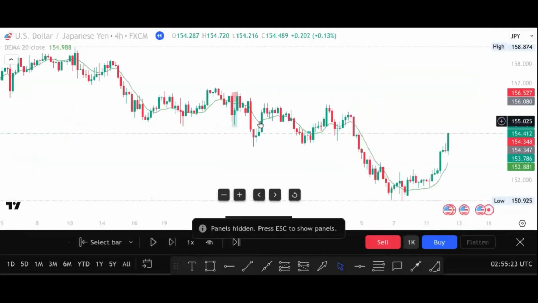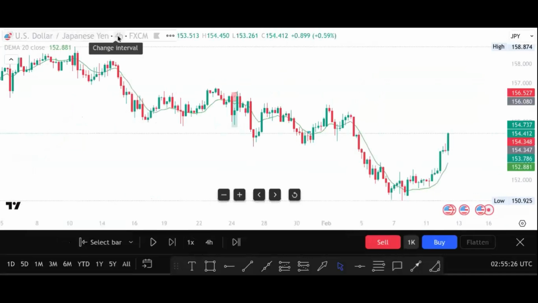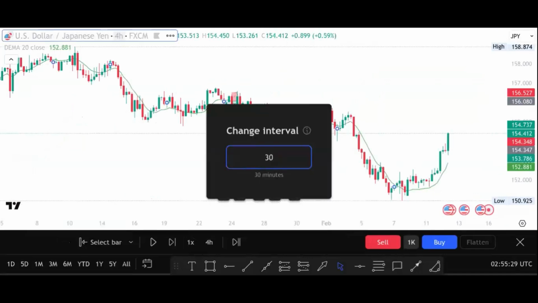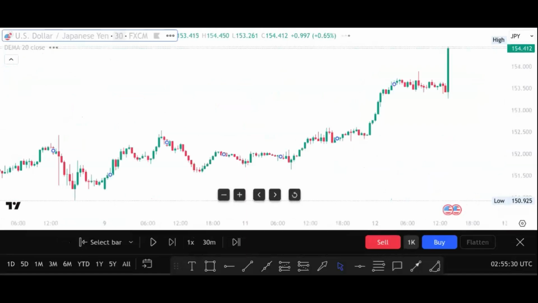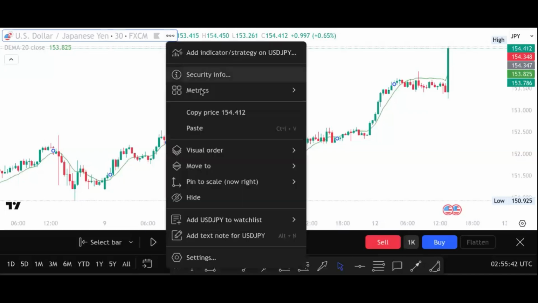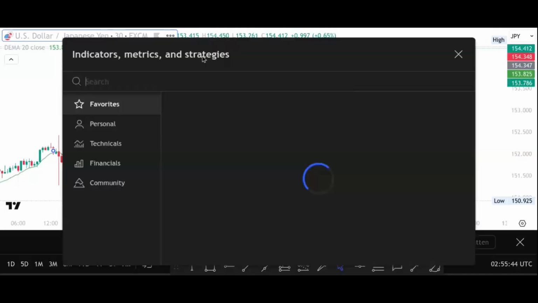All right? We're on a daily time frame. Now let's go 30 minutes. Okay. Massive bullish move. We know UJ is always buying. It's very bullish. Okay. So let's ensure that our stochastic is here. Stochastic RSI.